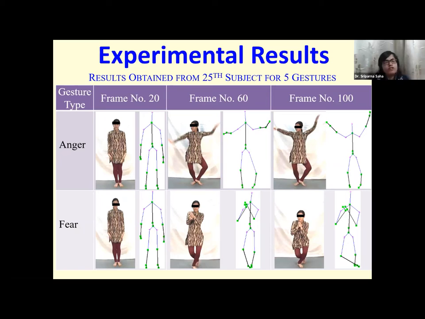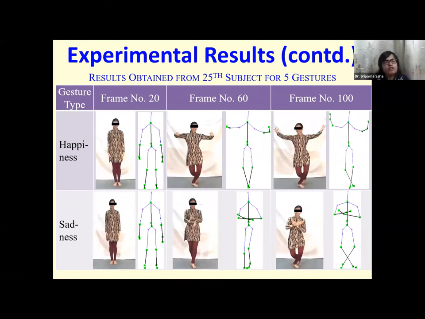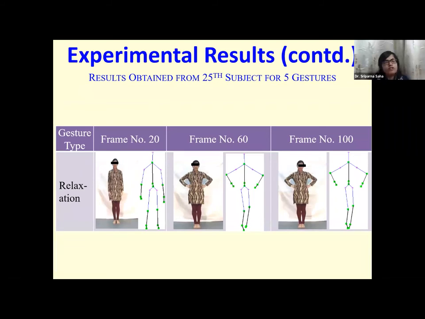The data have been given for 5 different emotional gestures related to 5 different types of dances. That is the anger, fear, happiness, sadness, and relaxation. And these data have been given for the 25th subject. We have taken the data for many subjects, and this is the subject with the 25th number.